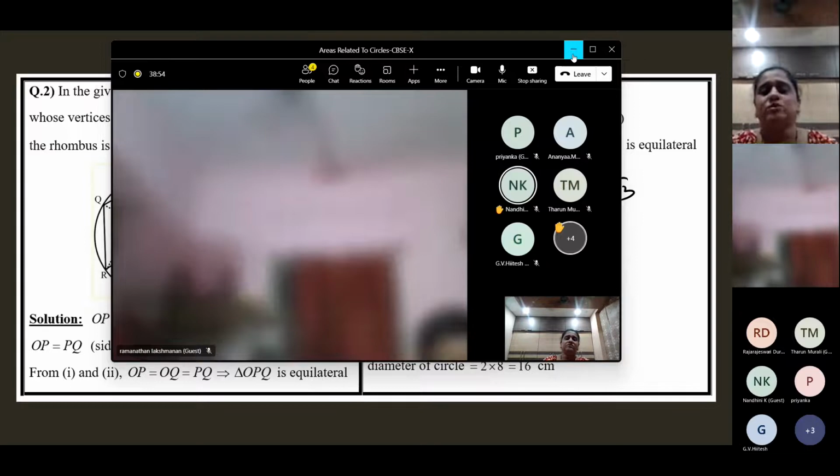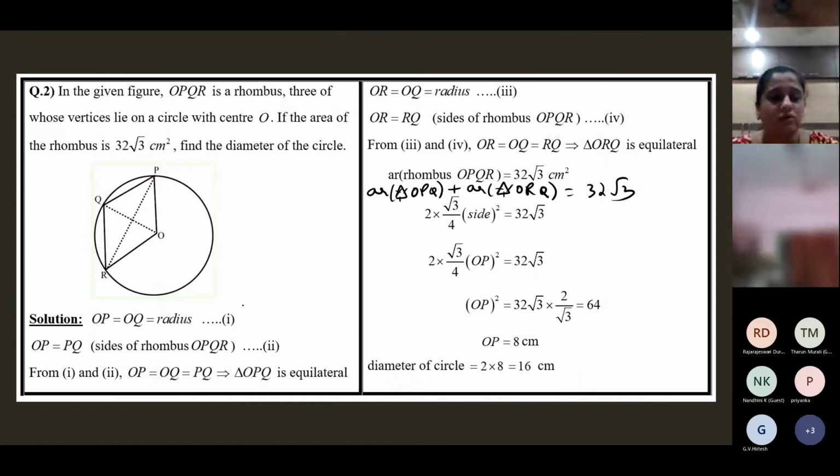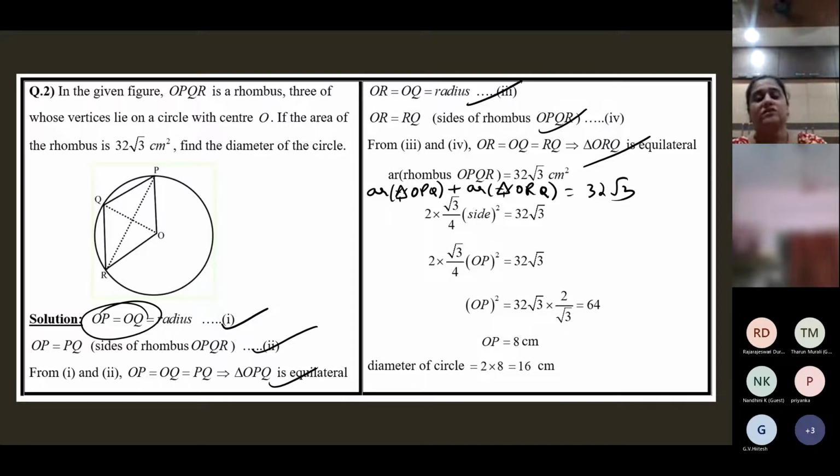And every sum is not explained like, okay, OP is equal to OQ, so it is equilateral, then this is equal. It's not like that. I tell you how to write also. How will you know that you'll have to write this? That also is explained. So understanding the concepts delivered in the class very effectively, plus practicing the same sums, is more than sufficient.